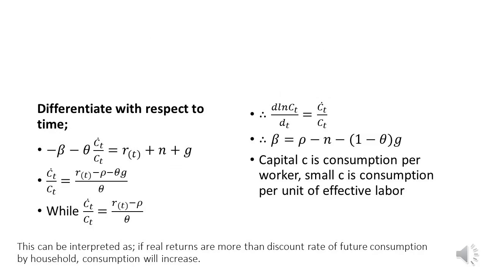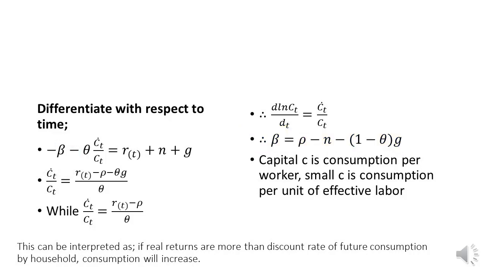So we get this, and we use the identity that the derivative of natural log of C(t) with respect to t is the growth rate of consumption, that is C dot by C, and that is equal to r(t) minus rho minus theta g, all divided by theta, because this beta is equal to rho minus n minus (1 minus theta) g.